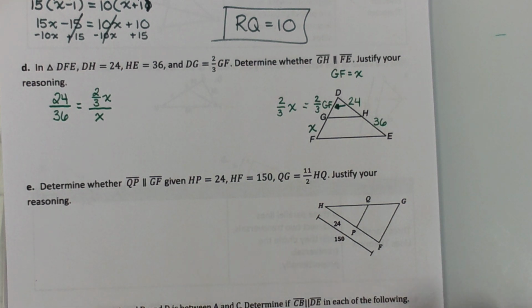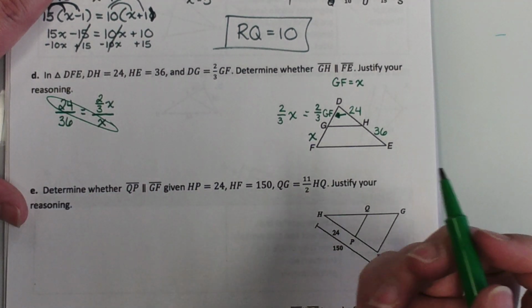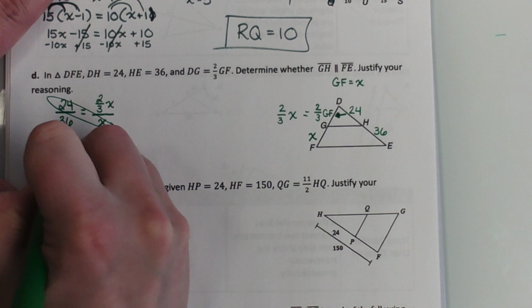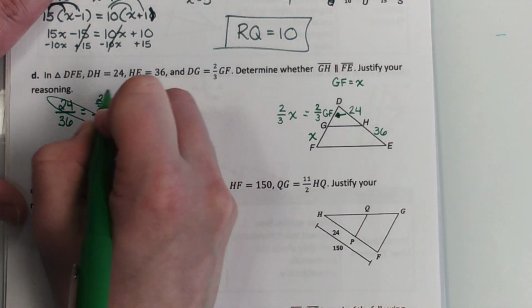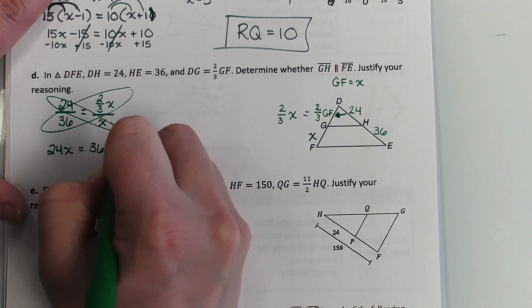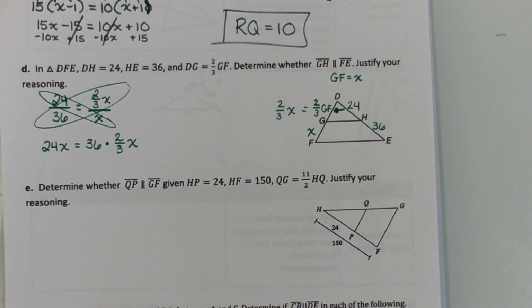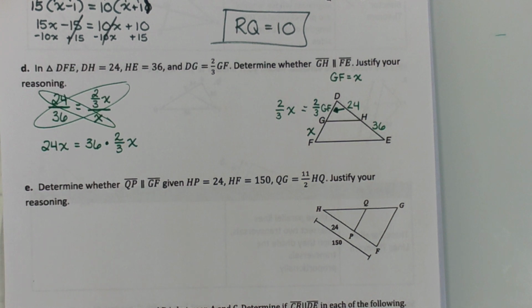So here's what that looks like. I go and I cross multiply. 24 times x is real easy. 24x. 36 times 2/3 x. Now, a little more complicated, so I'm going to write it out, but how do I do 36 times 2/3 the easiest way possible? Turning it into a decimal is even harder. It's 24.